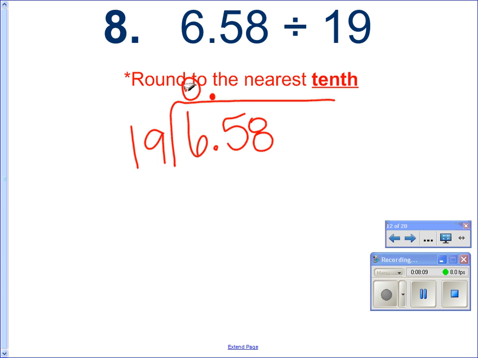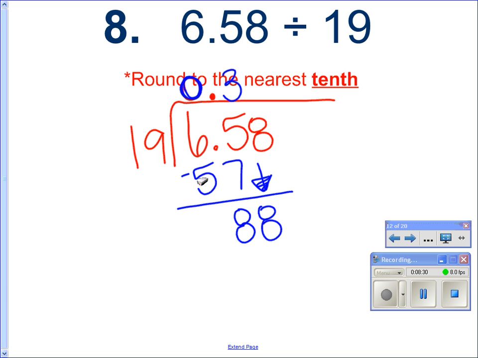Let me change colors real quick so you can see. 19 cannot go into 6. 19 goes into 65 3 times. 3 times 19 is 57. 65 minus 57 is 8. 19 cannot go into 8, so you're going to bring down the other 8. 19 goes into 88 4 times. 19 times 4 is 76.